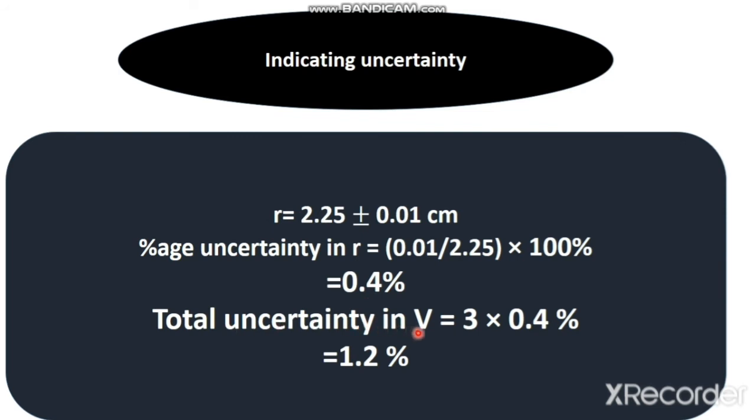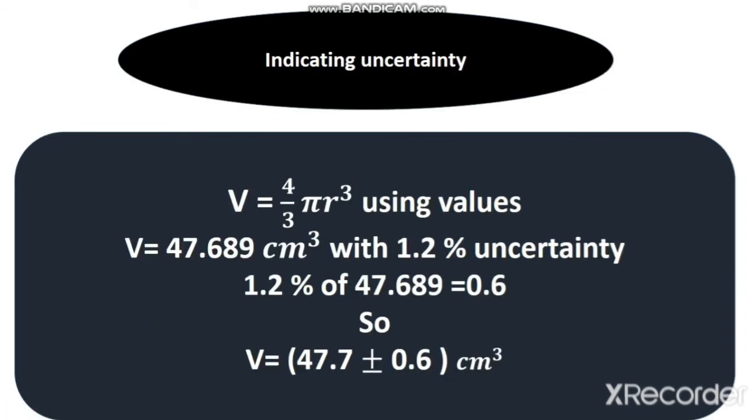Total uncertainty in volume is equal to 3 multiplied by 0.4%. So uncertainty in radius is multiplied by the power, in 4 by 3 pi r cube, 3 is the power, so 3 multiplied by 0.4% is 1.2%. So 1.2% will be the total uncertainty in the value of volume.